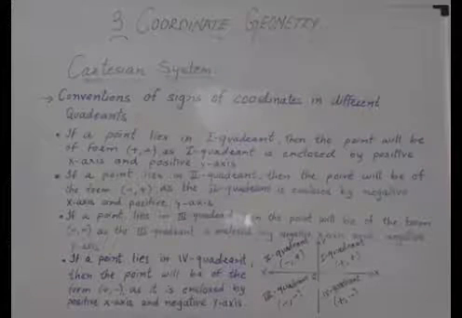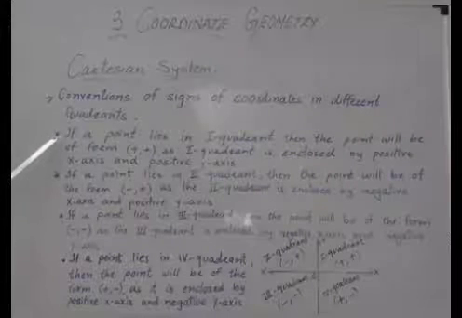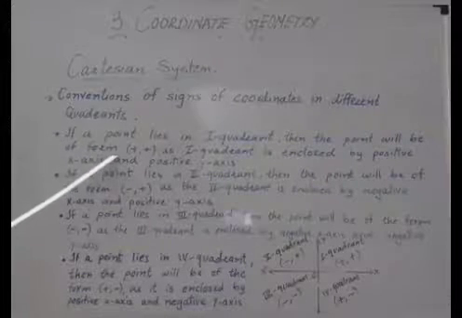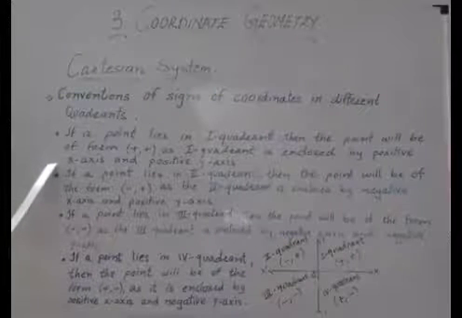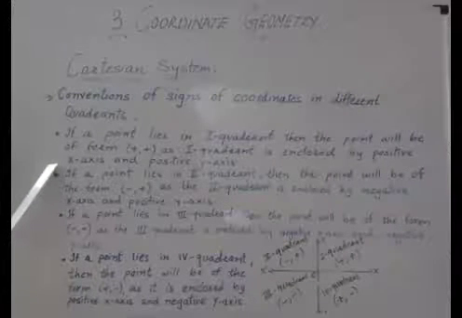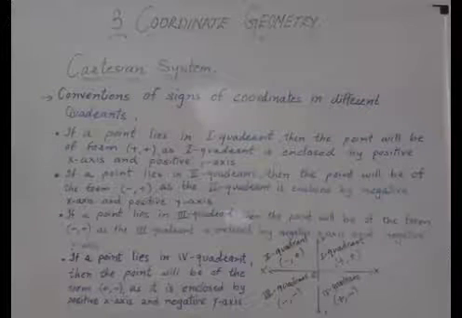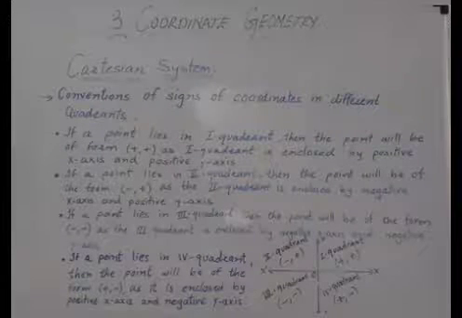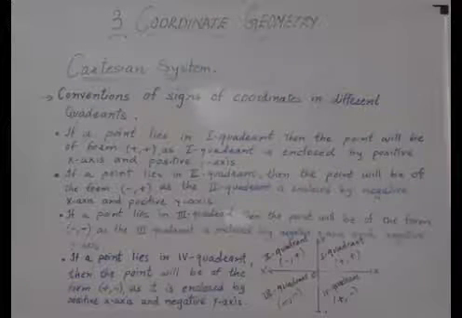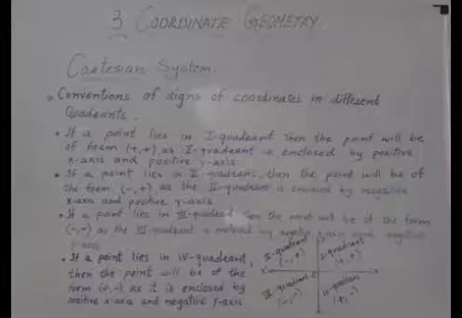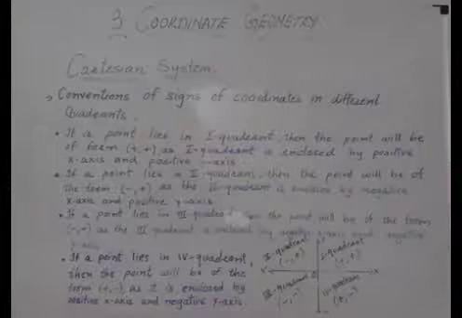First, if a point lies in the first quadrant, then the point will be of the form (+, +), as the first quadrant is enclosed by the positive x-axis and positive y-axis. That means if the given point lies in the first quadrant, then the value of the x coordinate and the value of the y coordinate, or the abscissa and ordinate, both will be positive numbers.